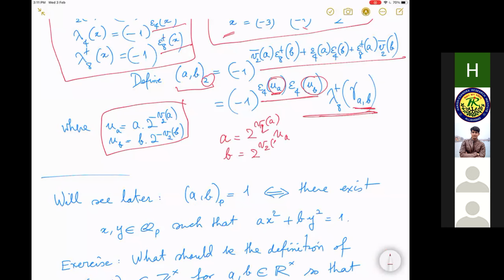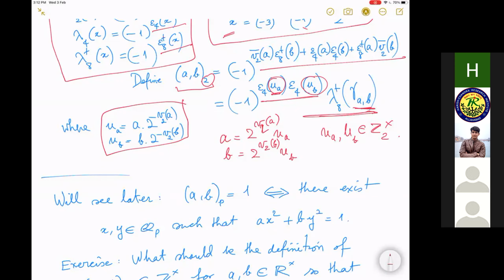So UA and UB are in Z2 star. Okay. So this is the definition.